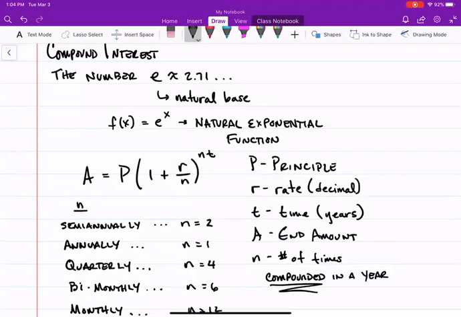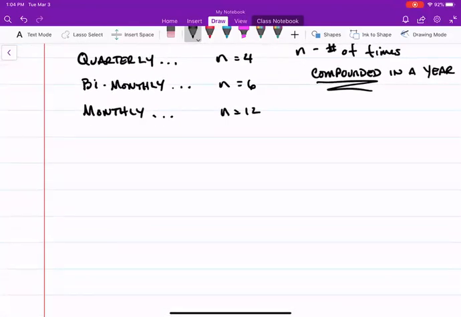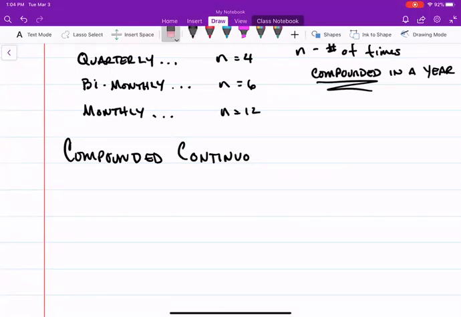Okay, so let's talk about student loans. Student loans are compounded continuously.